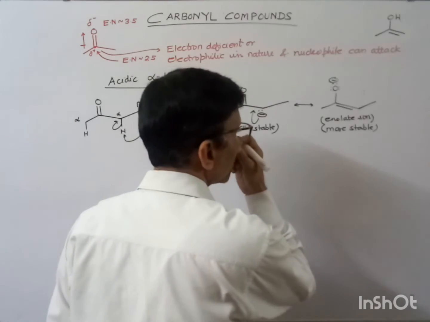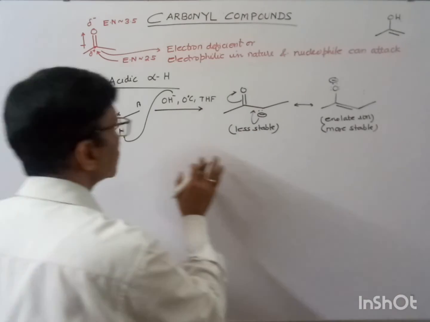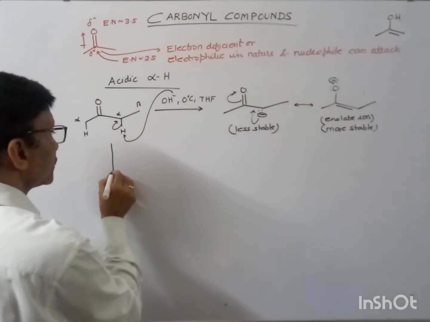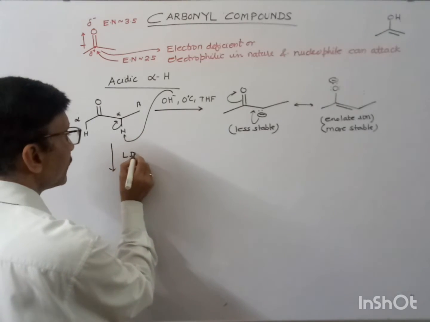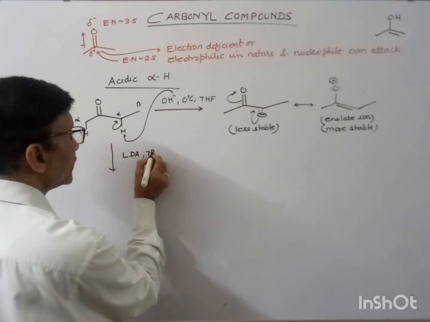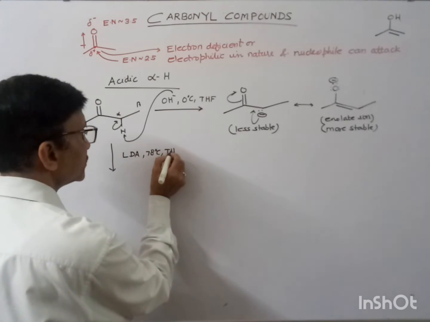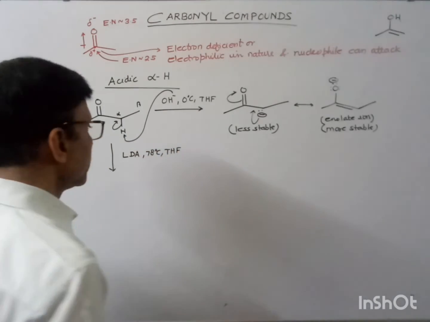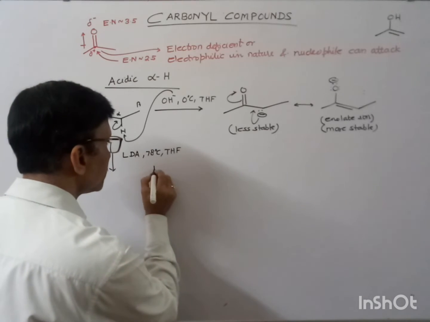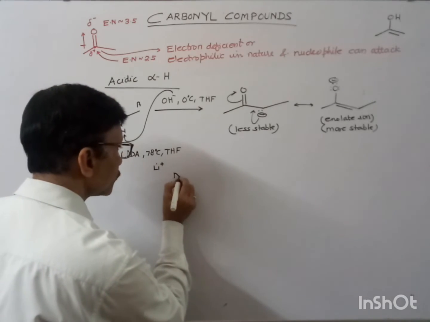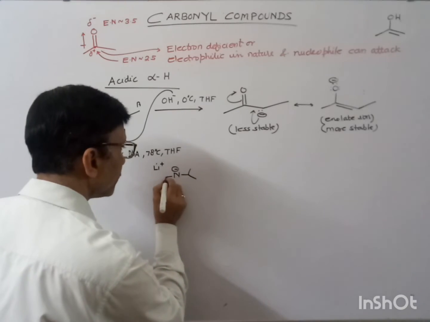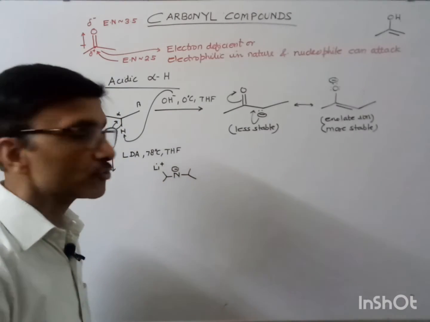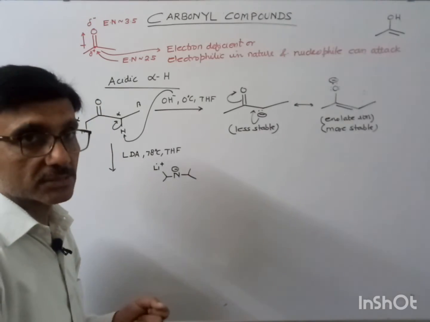Now if the same reaction takes place in presence of some bulky base, suppose we have LDA, lithium diisopropylamide, at minus 78 degrees Celsius temperature and THF as a solvent. So this lithium diisopropylamide is a bulky base.